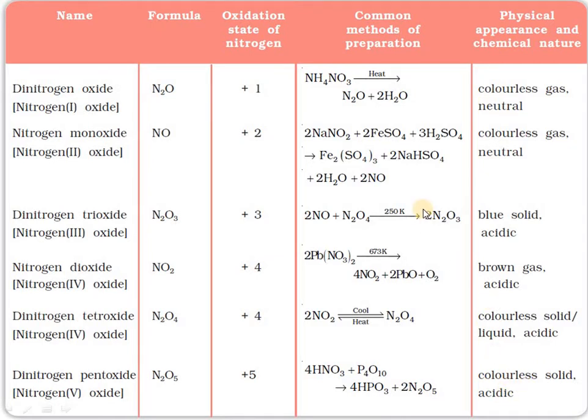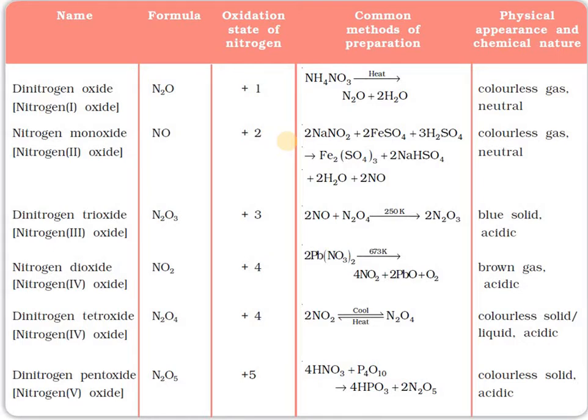Similarly, if you want to produce NO, you know that in 10th class also you studied the ring test, and the ring test is due to what? Due to the formation of the complex nitrosoferrous sulfate. This is the reaction in relation to that. When you check nitrates, you add acidified ferrous sulfate; the same thing we are adding here.